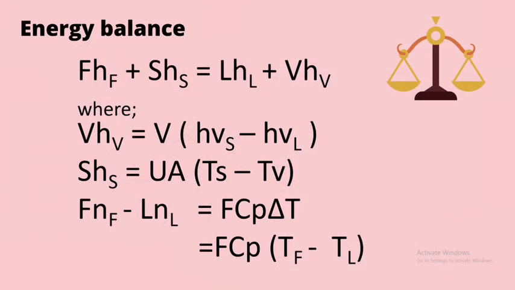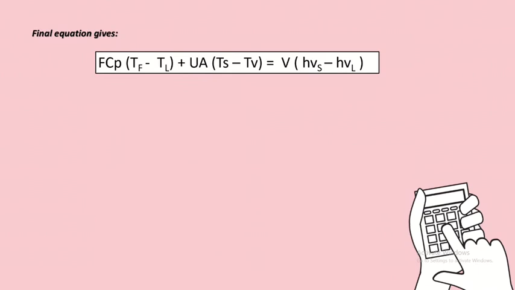After we take down the quantities and values that we'll be needing for this computation, we now have to do an energy balance for us to come up with the final equation that we'll be needing to compute for the overall heat transfer coefficient U. In doing so, we just have to multiply the amounts of feed, the steam, the liquid, and the vapor to their corresponding enthalpies. From here, we can come up with our final equation, which is this.